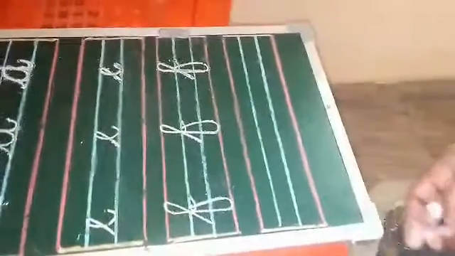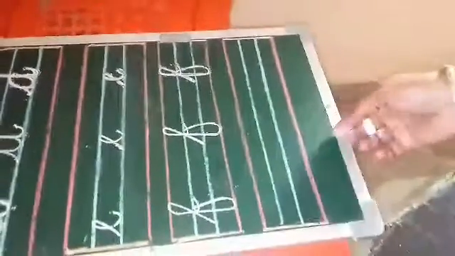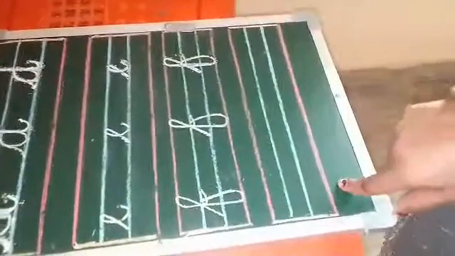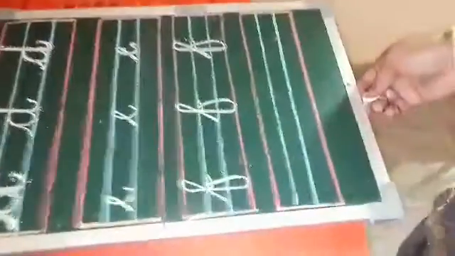That is F. F के बाद क्या आता है? G. G for grapes. G for glass. Glass भी होता है ना. Okay, so let's start and practice with me.